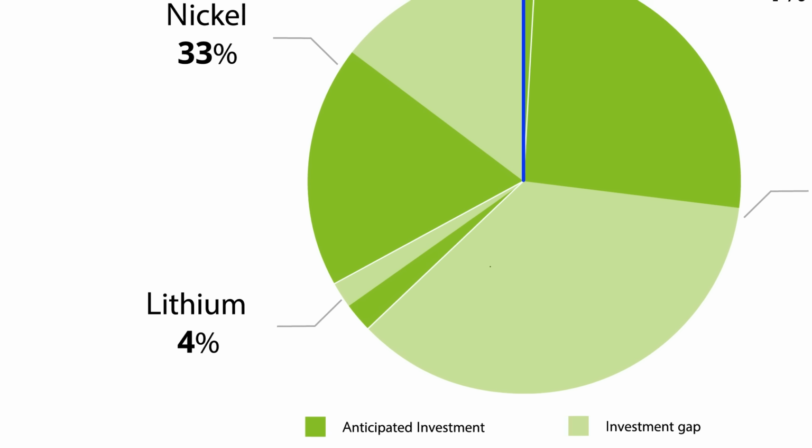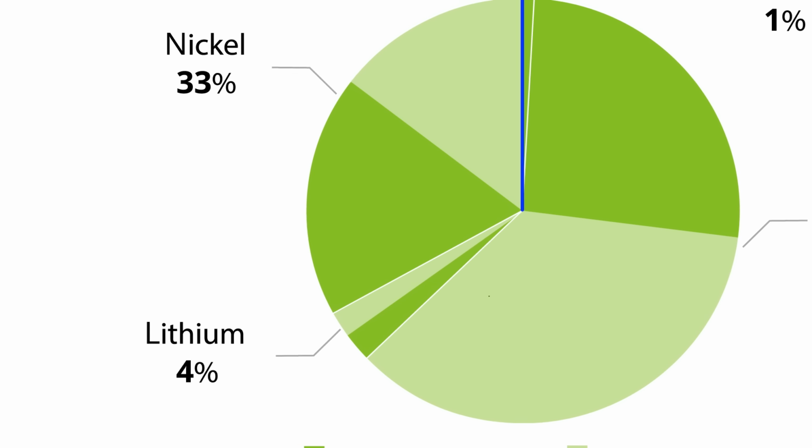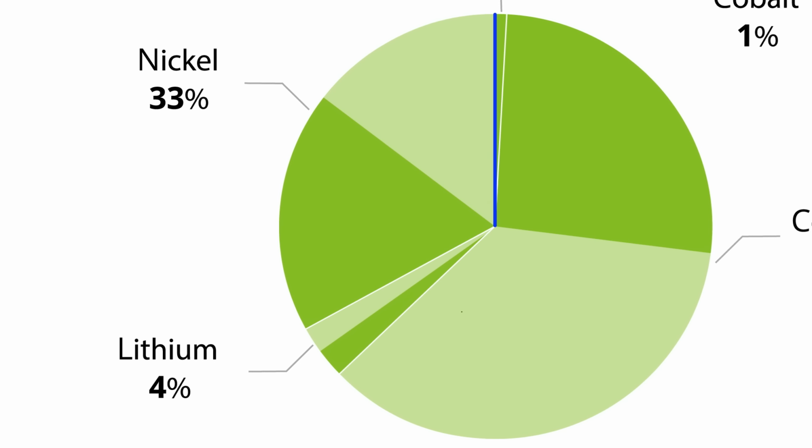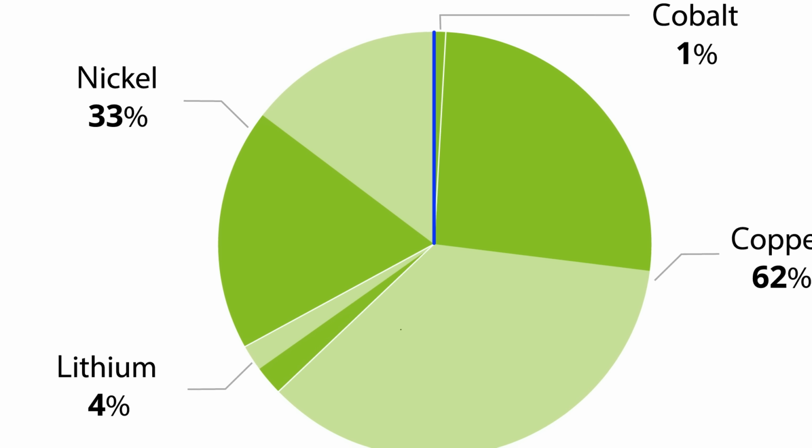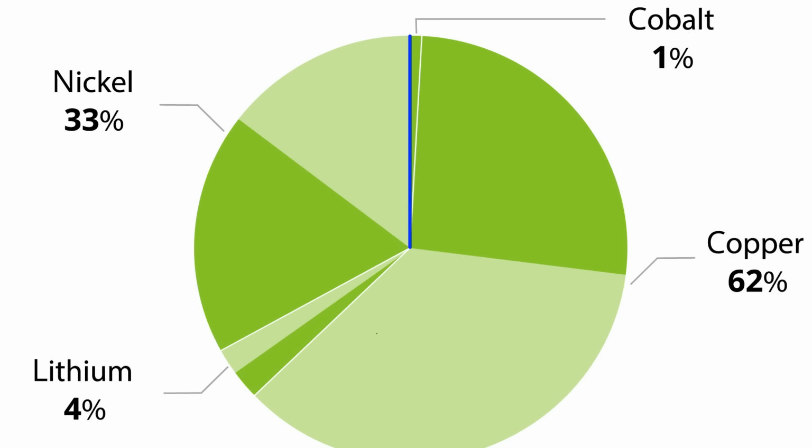We start with the smallest value, cobalt 1%, then there's the largest, copper 62%, then 4%, and at the end 33%. The order: alphabetical. But alphabetical order in data visualization has little value.